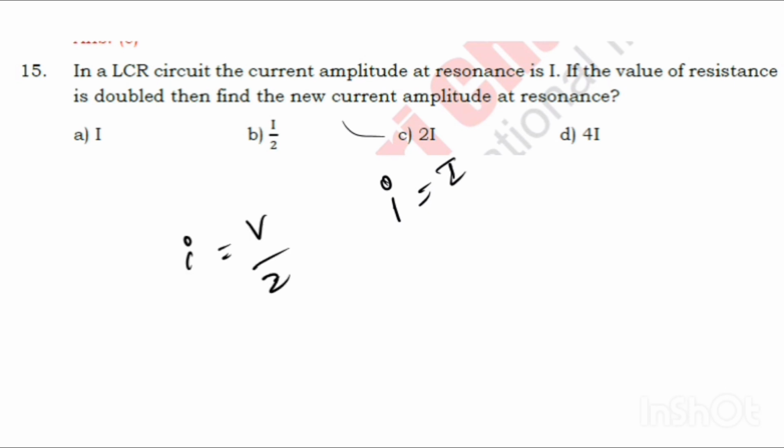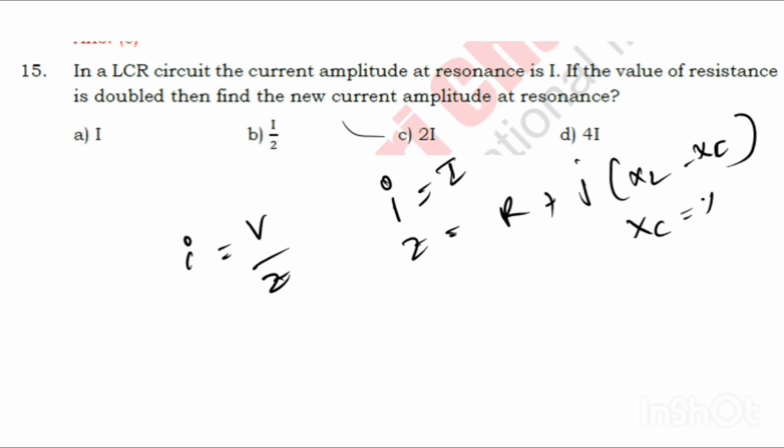Impedance is equal to R plus j(XL minus XC). We get resonance when XC is equal to XL. So this term vanishes here. So Z is equal to R. At resonance condition, the circuit performs as pure resistance, right?